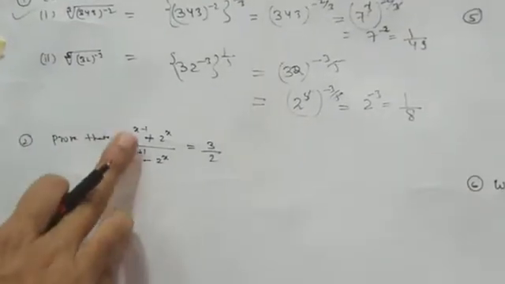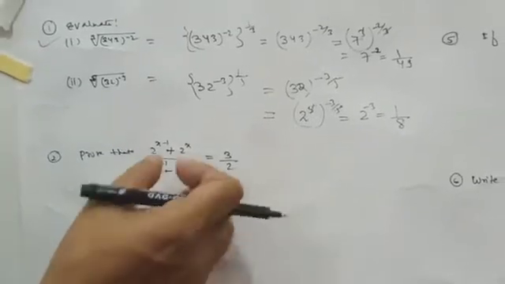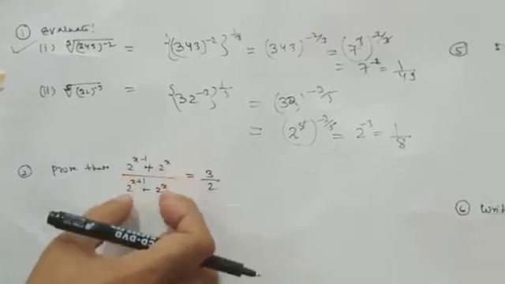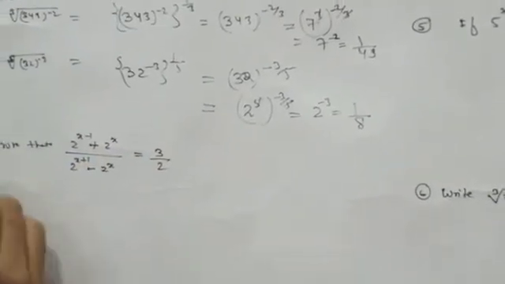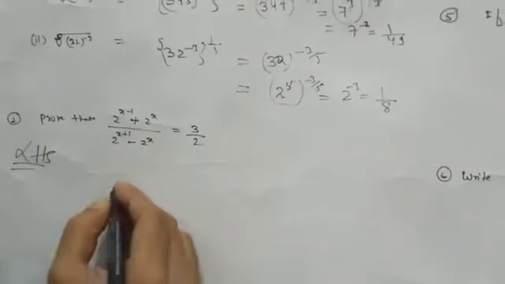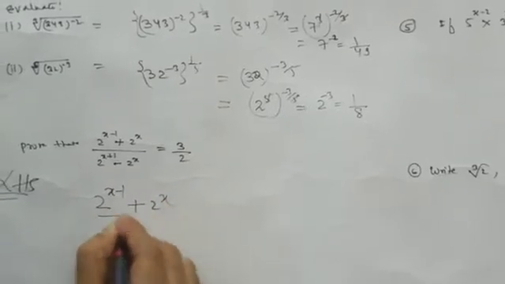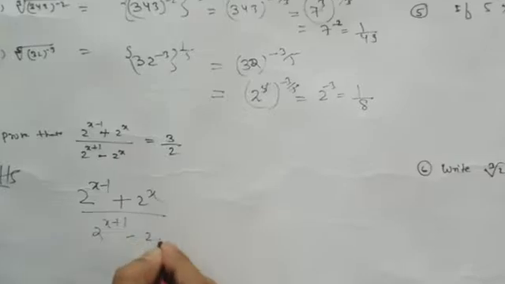Prove that 2 to power x minus 1 plus 2 to power x over 2 to power x plus 1 minus 2 to power x. Take the LHS, my dear students, left hand side. 2 to power x minus 1 plus 2 to power x, over 2 raised to power x plus 1 minus 2 to power x.